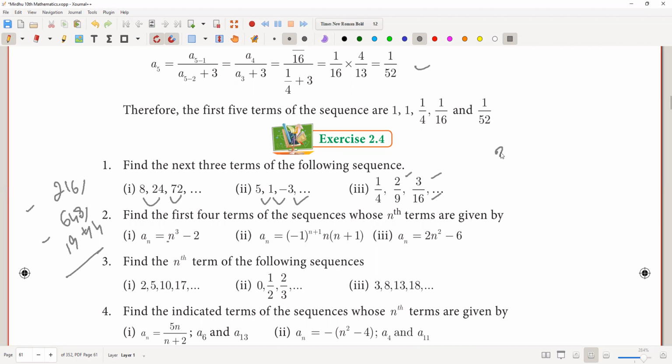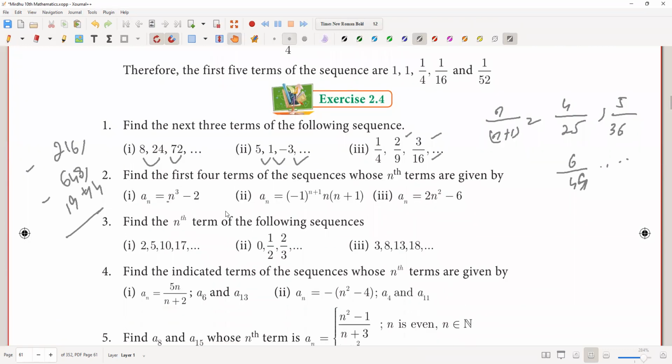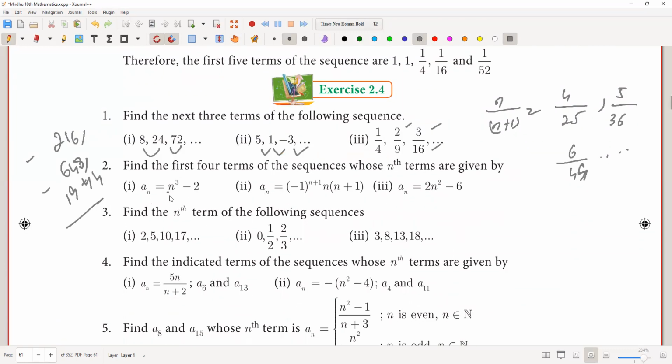So it should be n divided by n plus 1 whole squared. So next would be 4 by 5 squared, 25. Then 5 by 6 squared, 36. 6 by 49. Like that we can proceed. All right. Find the first 4 terms of the sequence.